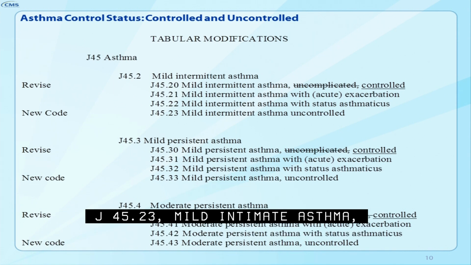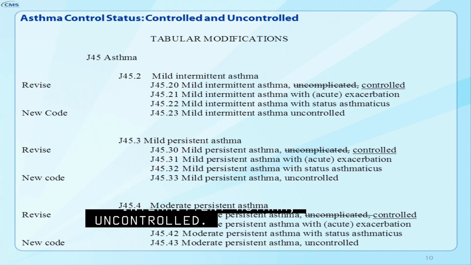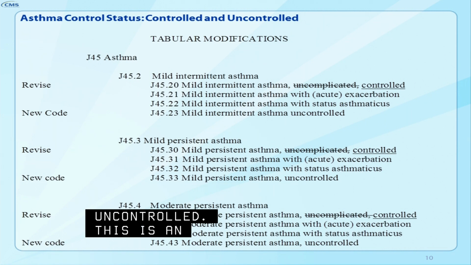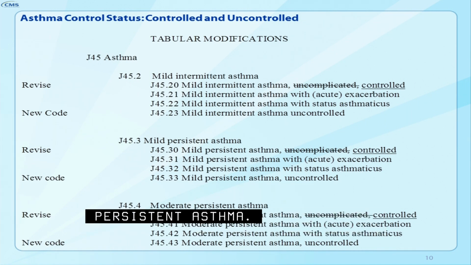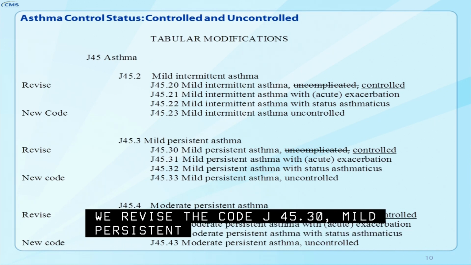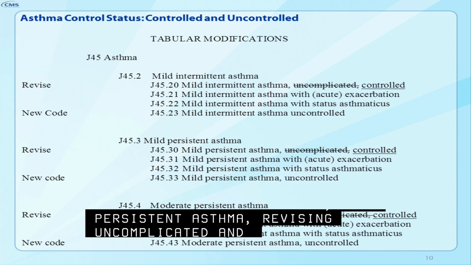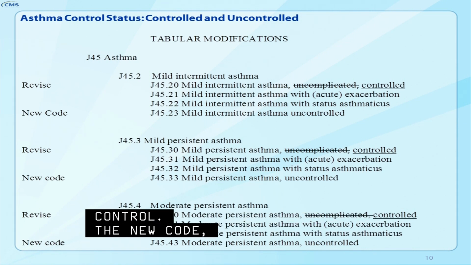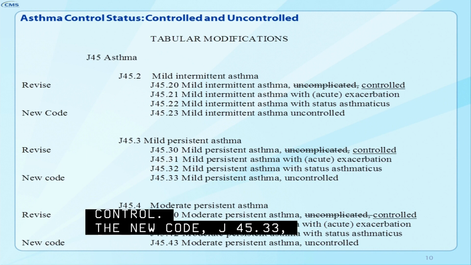Again, an example, J45.3, mild persistent asthma. We're revising the code J45.30, mild persistent asthma, revising uncomplicated and putting controlled. And the new code J45.33, mild persistent asthma uncontrolled.